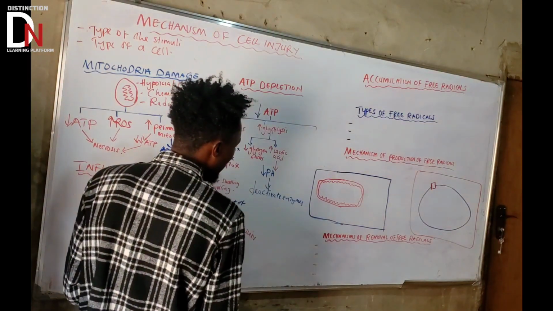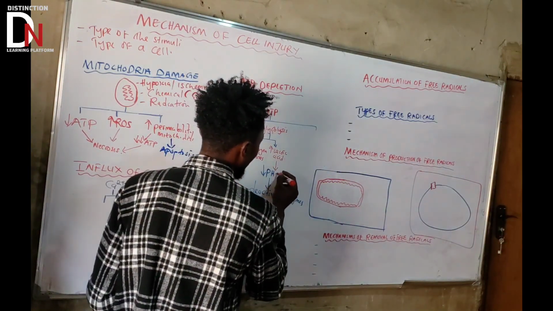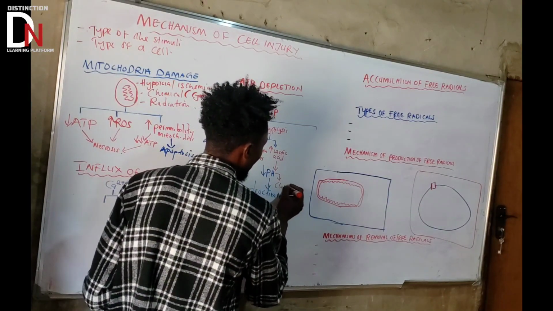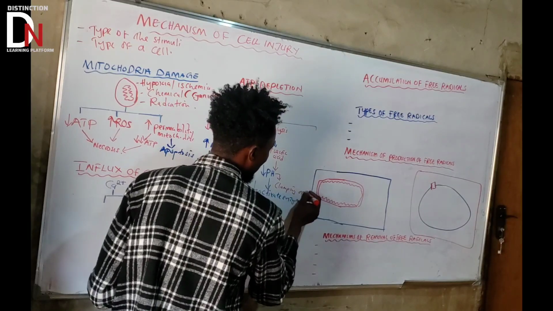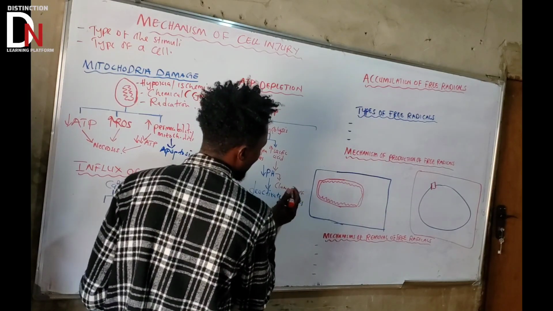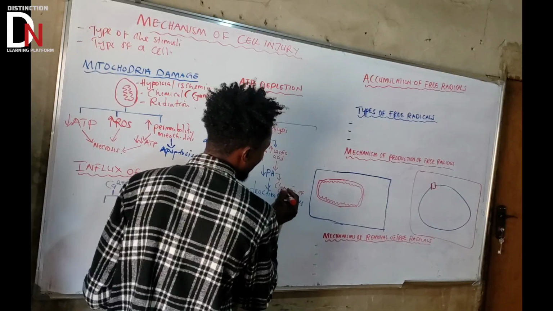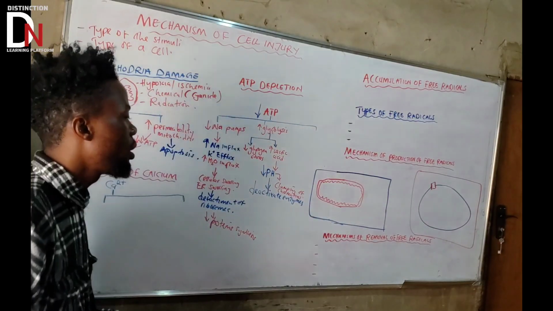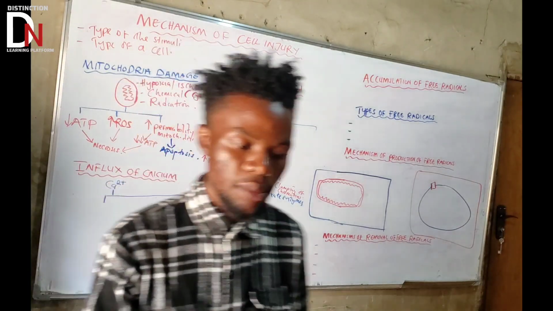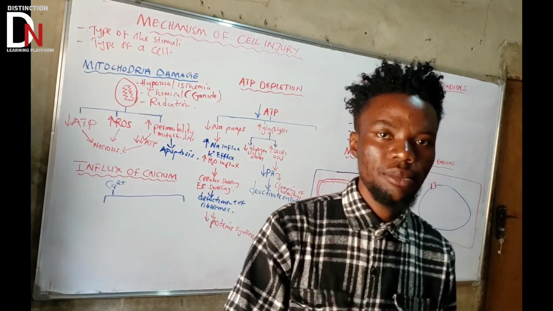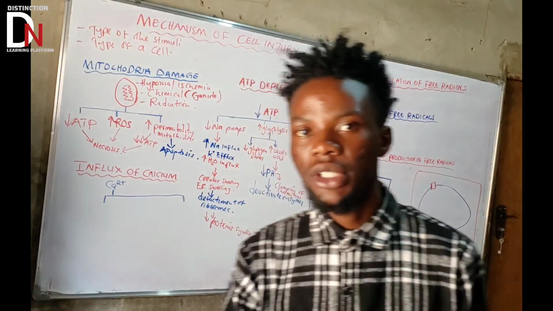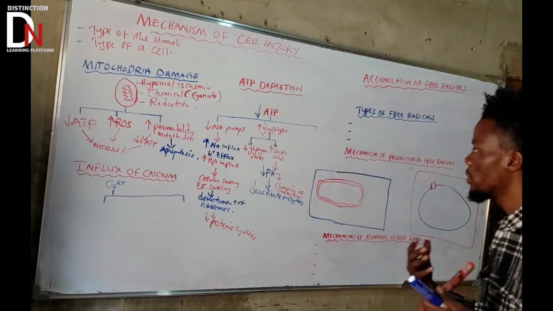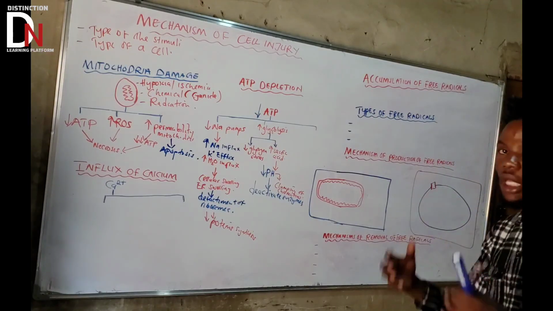The other thing that's going to happen because of this decrease in the pH is clamping of the chromatin. There will be clamping of the chromatin there. So the DNA will start condensing, clamping like that, maybe leading to shrinkage of the nucleus there.